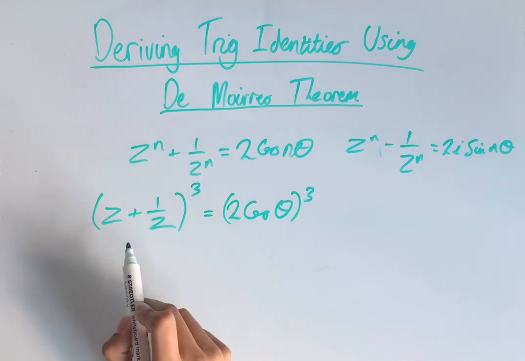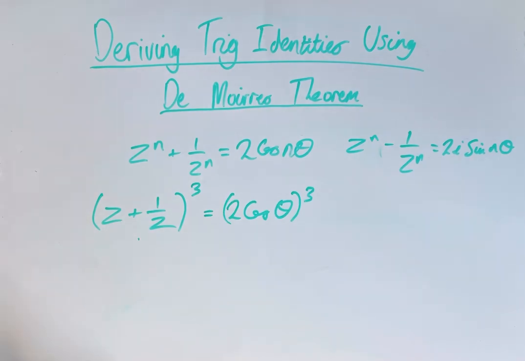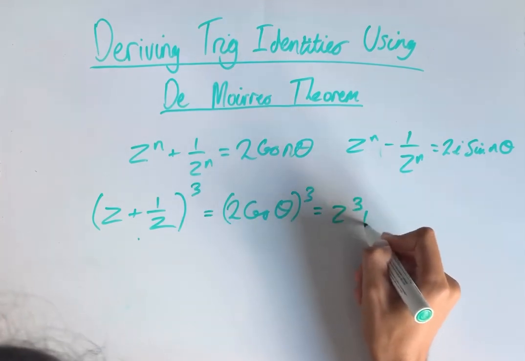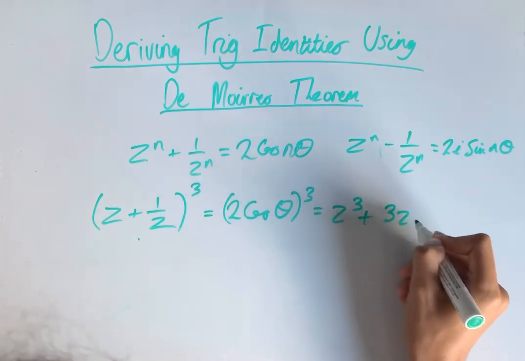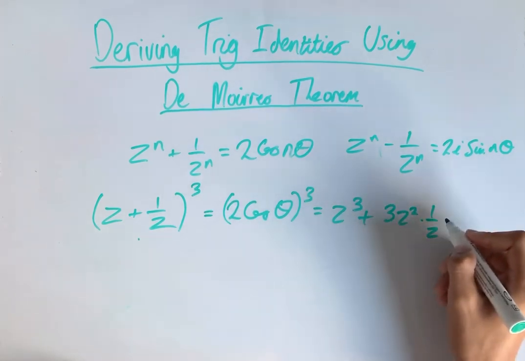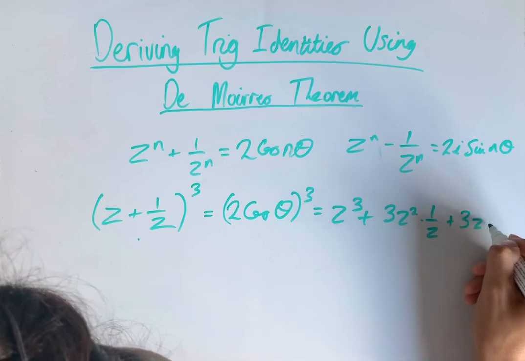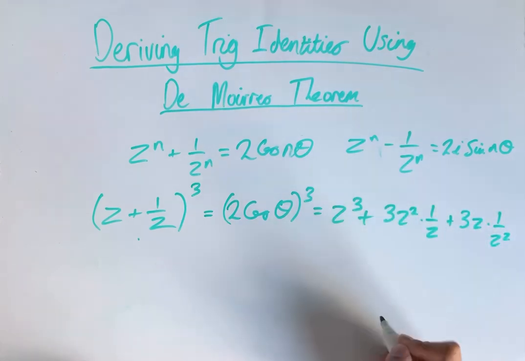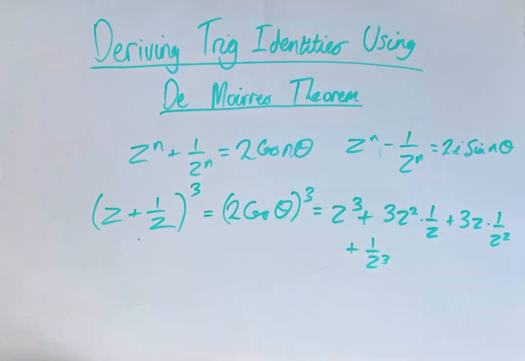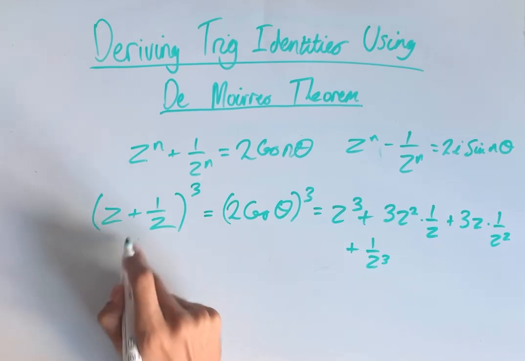But now what if we binomially expanded this? Well, doing it gets you z cubed plus 3z squared multiplied by 1 over z plus 3z multiplied by 1 over z squared plus 1 over z cubed. Now, cancelling and grouping all of these would get you something that looks like this.